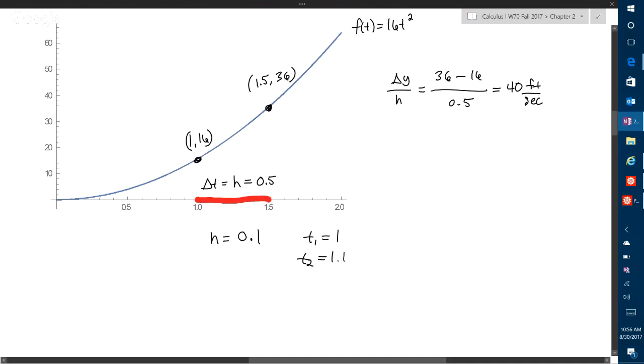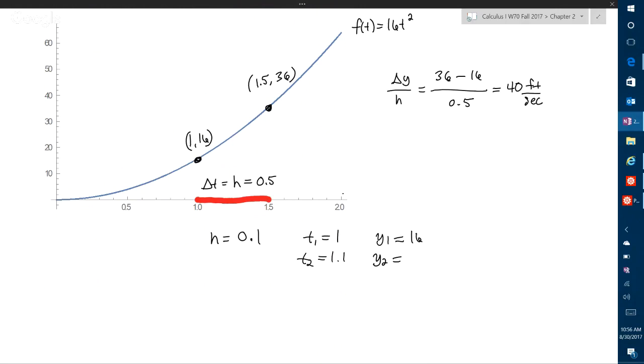But I still need my y1 and my y2. Y1 is 16, just like it's been. But what's y2 now? You'd have to take 1.1 and substitute it in for t in the original function, 16t squared. So 1.1 raised to the second power times 16.